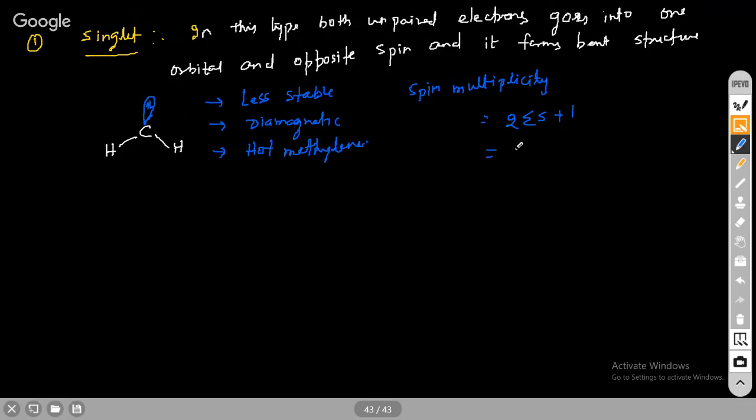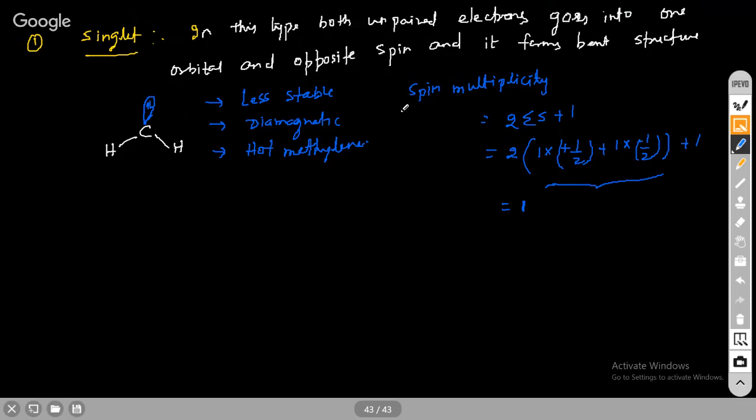How do we calculate this? 2 open bracket, one electron is clockwise, so plus half, plus one electron anti-clockwise, so minus half, bracket close, plus 1. This is nothing but the summation of s. So this gets cancelled and we get 1. Since this spin multiplicity is 1, that's why we call it singlet carbene.